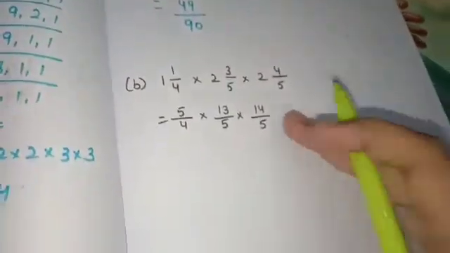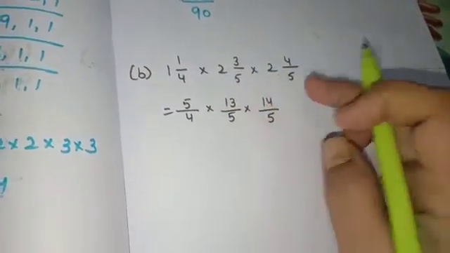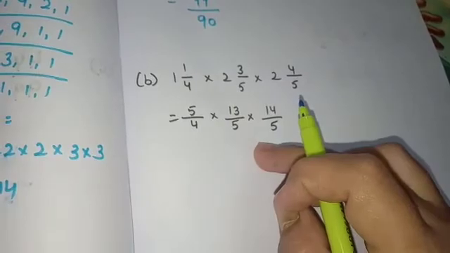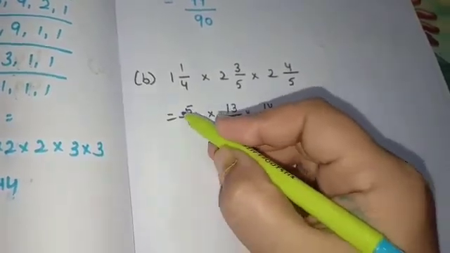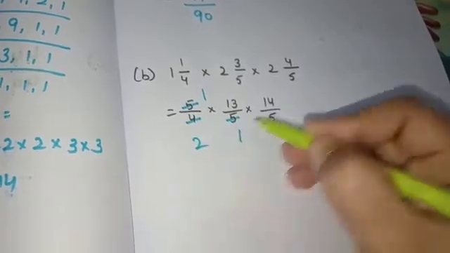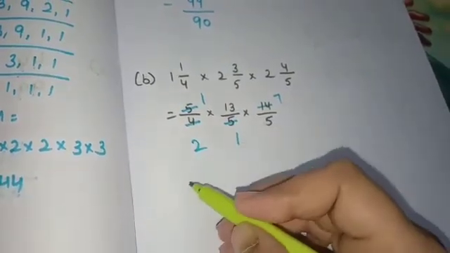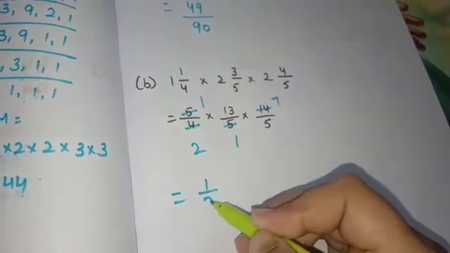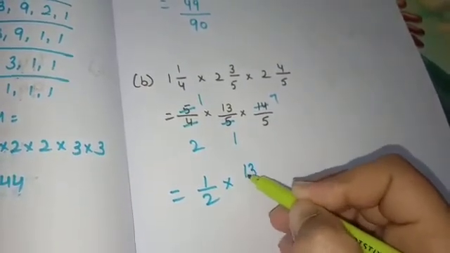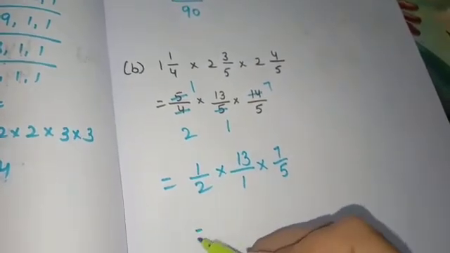Let's move to next. 1 1 by 4 multiplied by 2 3 by 5 multiplied by 2 4 by 5. Mixed numbers are converted to improper. Try to cancel it. 5 1s are 5, 1s are 5. 2 2s are 4, 2 7s are 14. Okay, now the remaining fractions will be 1 by 2 multiplied by 13 by 1 multiplied by 7 by 5.